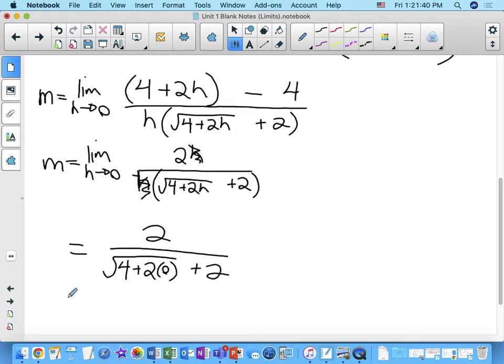That is 2 over square root of 4 plus 0, which is square root of 4, so 2 plus 2. Two over 4 is 1/2. So the slope is 1/2.